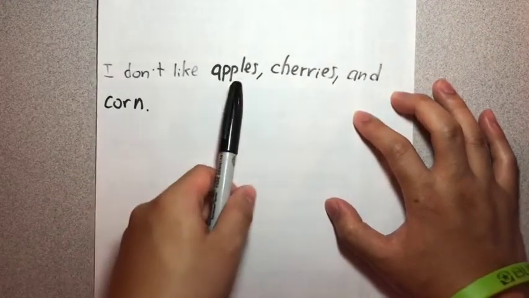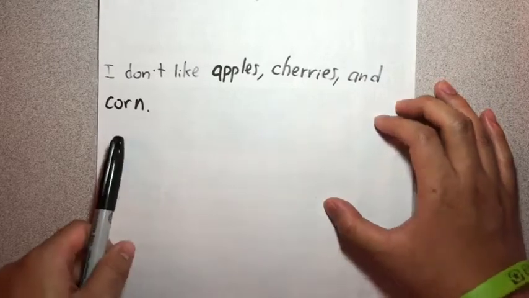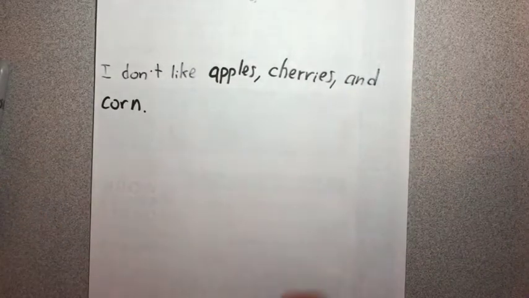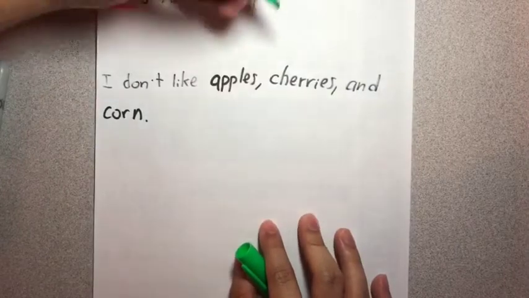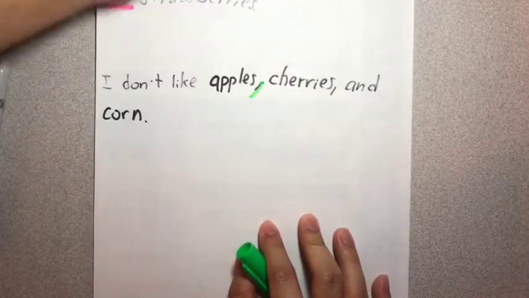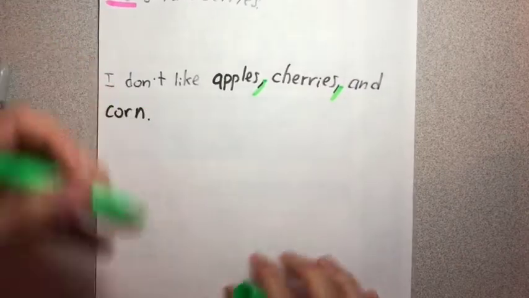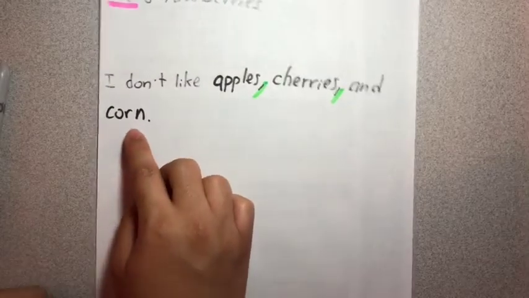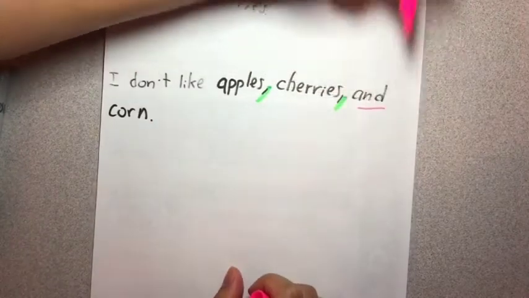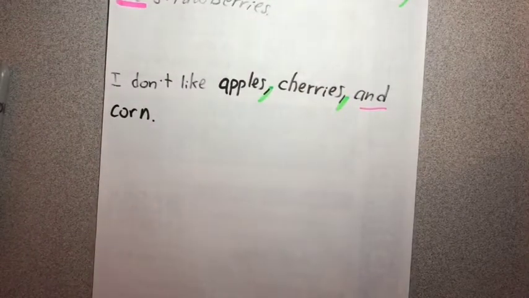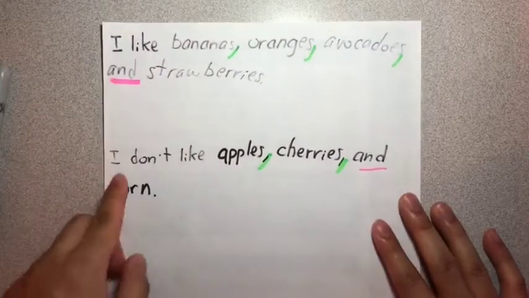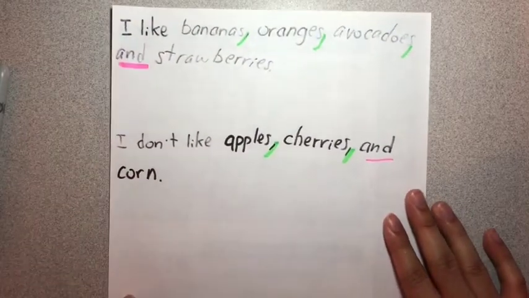I don't like apples, cherries, and corn. So again, in a list, between every item, we have to write a comma. And before the last item, here it is corn, we write the word and. So, tell me, what do you like? What don't you like?